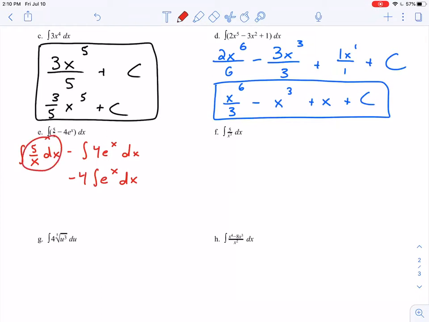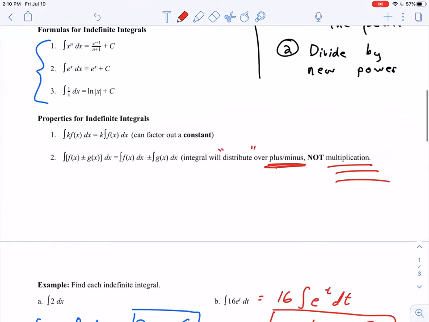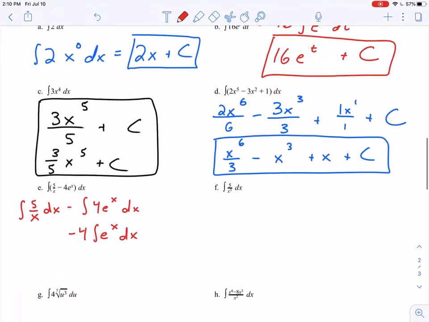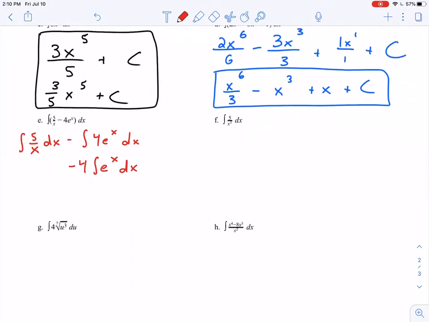So I look at this and say, hey, 5 over x looks an awful lot like this guy up here, the indefinite integral of 1 over x dx. So I want to make my 5 over x look like that. The thing to remember is that this 5 is really just a constant multiple.